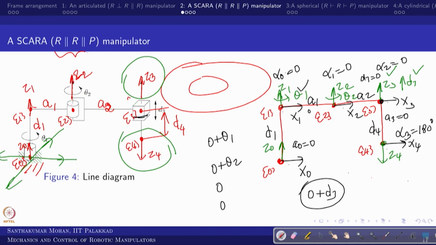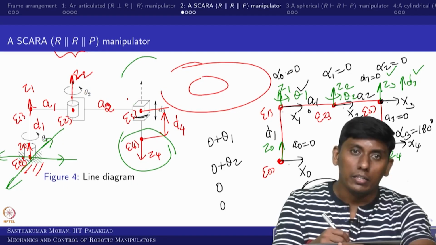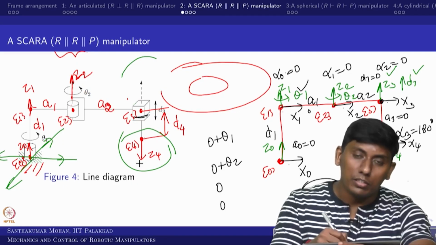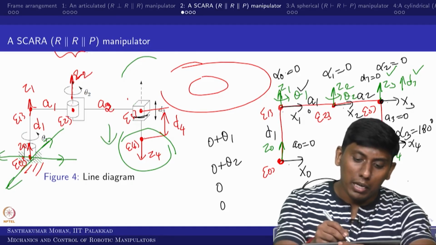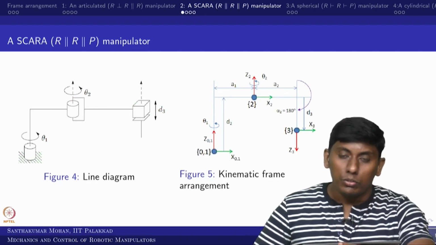Okay. So, in order to make it convenient for you, I made a frame arrangement in such a way that this is the opposite direction. I assume that this is the positive direction, which is coming downward. So, that frame arrangement I made here.